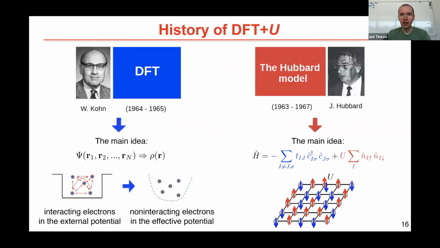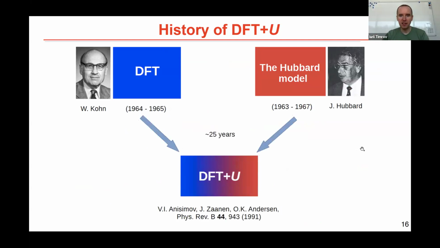So okay, it's interesting that more or less at the same time in history, two theories were developed independently from each other, and they didn't talk to each other. And 25 years later, in 1991, a group of scientists decided to try to combine these two theoretical methods.